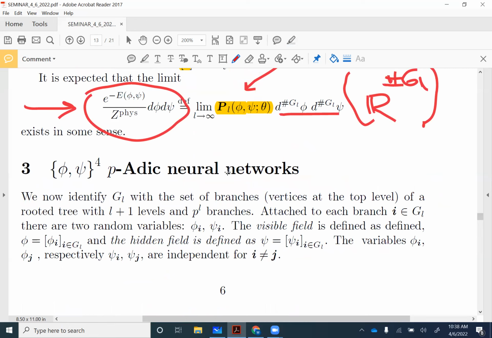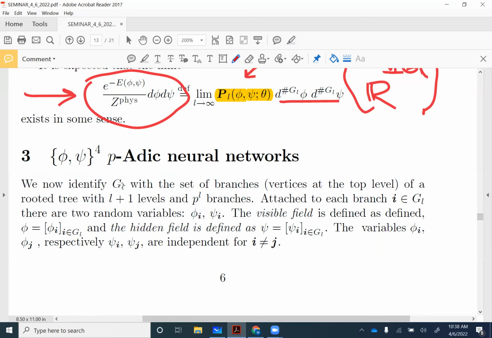Now I'm going to introduce the p-adic analogs of the neural networks presented in the paper in the publication part. We now identify GL with the set of branches, vertices at the top level of a rooted tree with L+1 levels and p to the L branches. We attach to each branch two random variables.